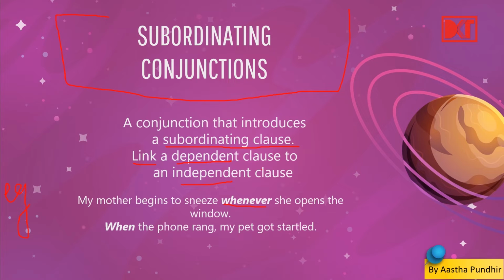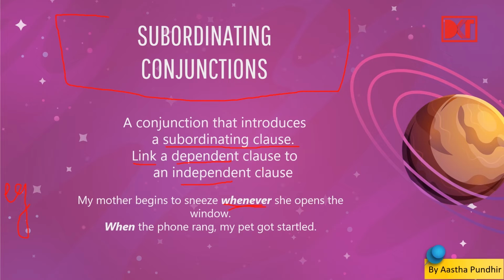So एक जो हमारा dependent clause है. Dependent clause क्या है? My mother begins to sneeze. And independent whenever she opens the window. जब भी window खोलेंगी वो है independent clause. And my mother begins to sneeze. So it is linked with whenever. Whenever is a subordinating conjunction.